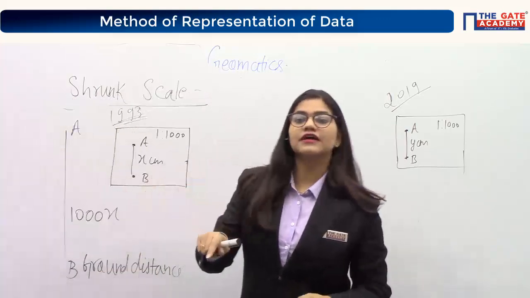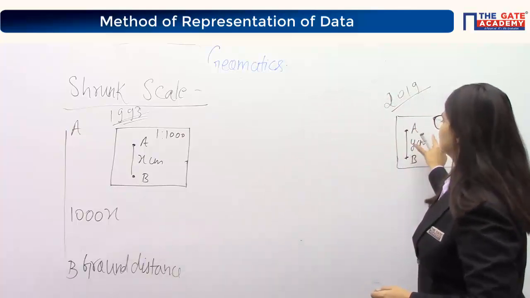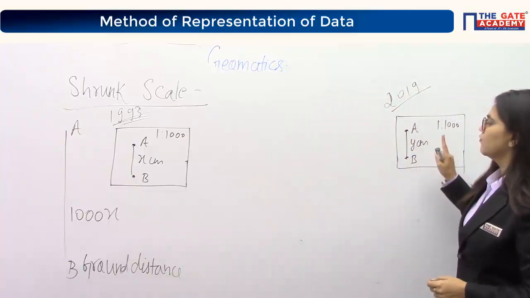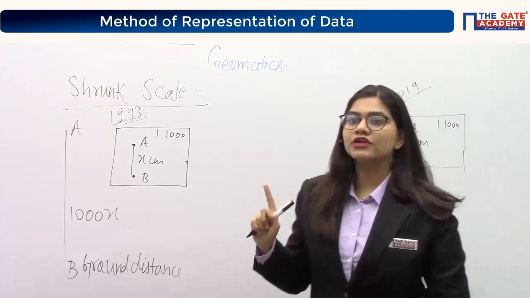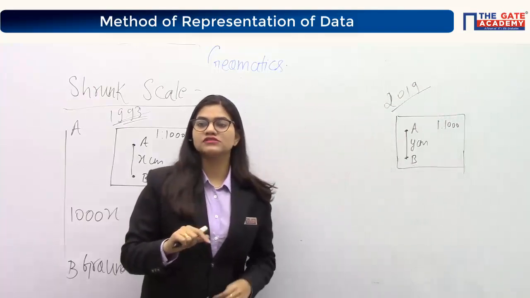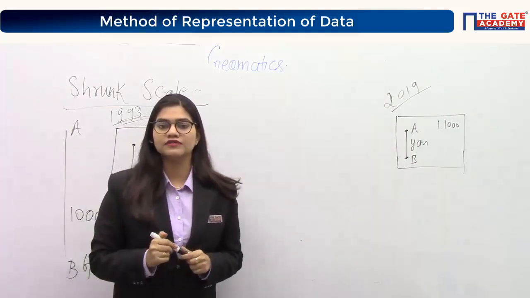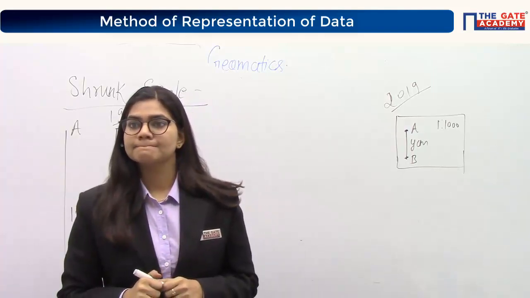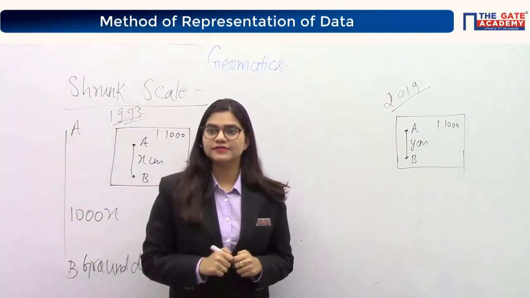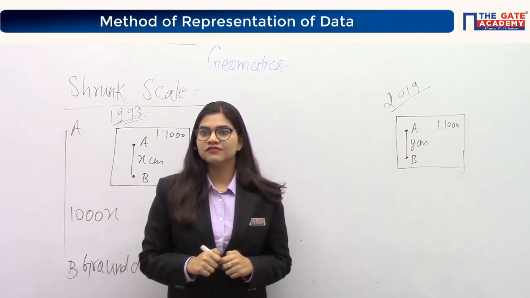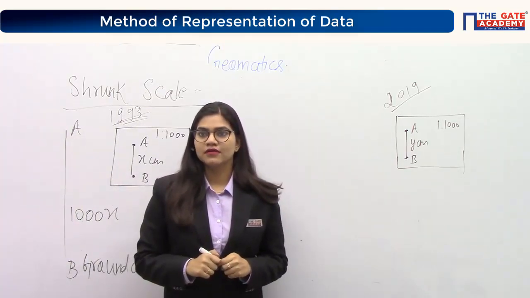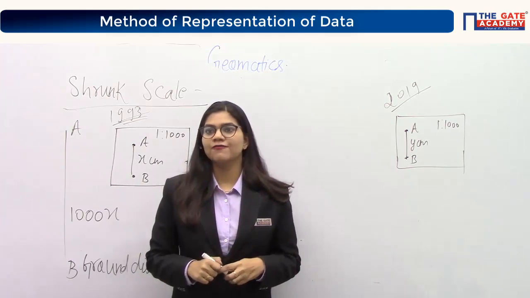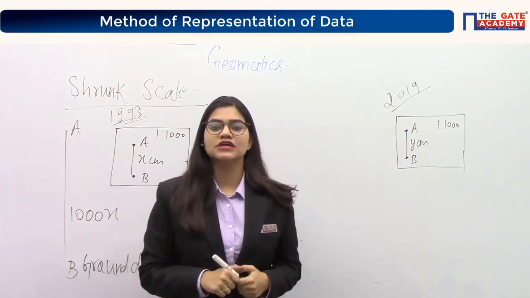When you check, the distance AB is y centimeter. Now, what is the ground distance now? 1000y? Everybody is saying 1000y.